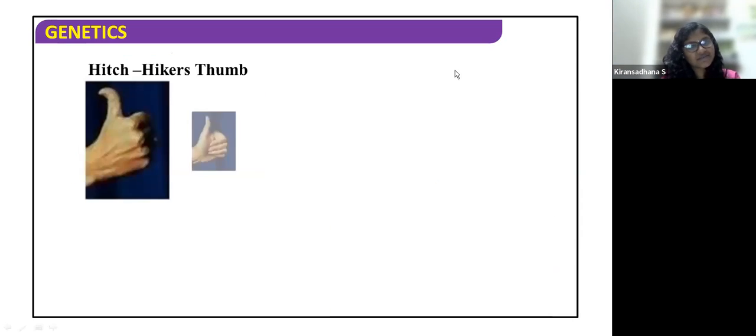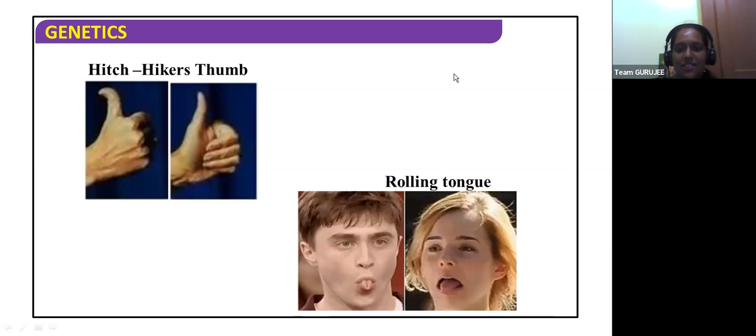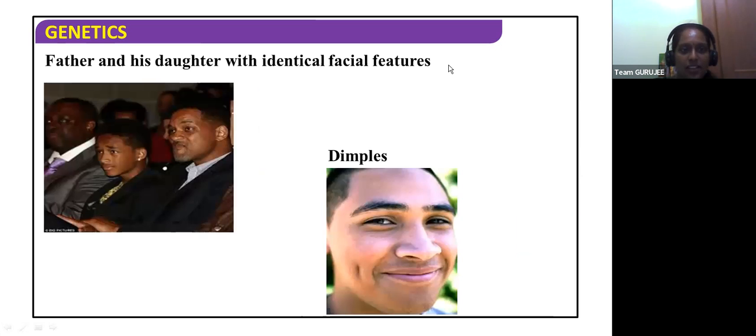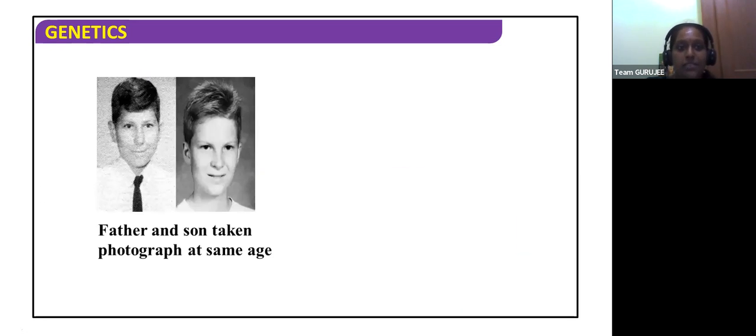Okay. So head shakers, thumbs like this, rolling tongue, dimples. Father and his daughter have identical facial features. I actually thought this was fun, then only I recognized this is a father and daughter. So they have the same facial features. When you come to the Northeast, a lot of people will have similar faces. We cannot identify them for some reason or other.